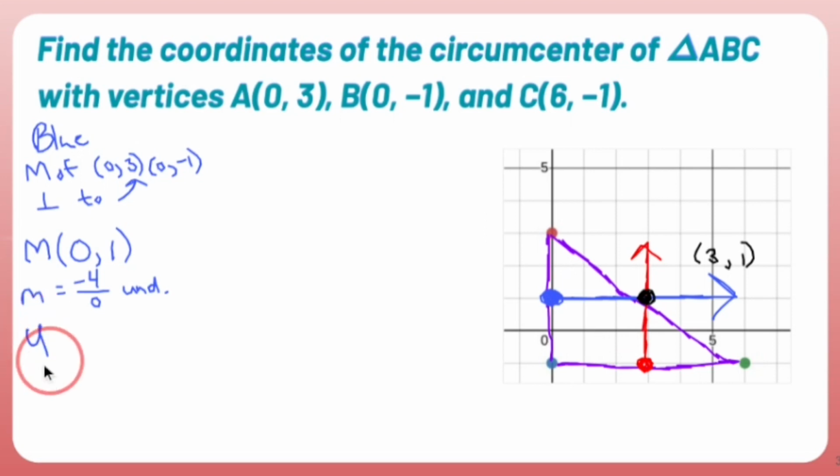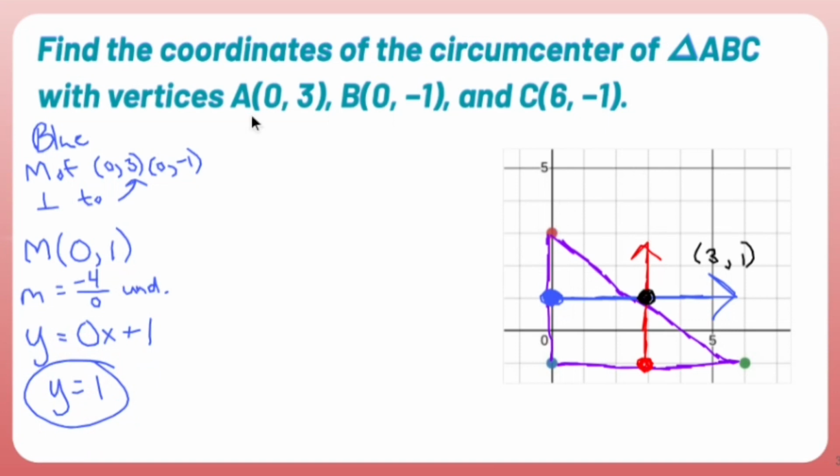So y equals 0x plus b, and my y-intercept is 1. So the equation of this guy is y equals 1. All right, so again, I went through the motions to show you how this is done. I'm not going to do that again.